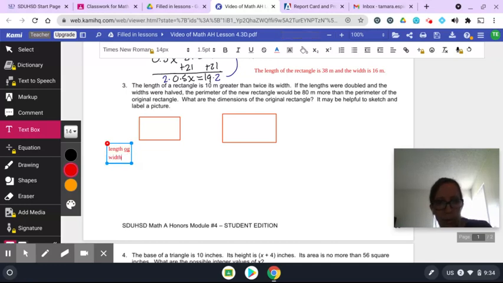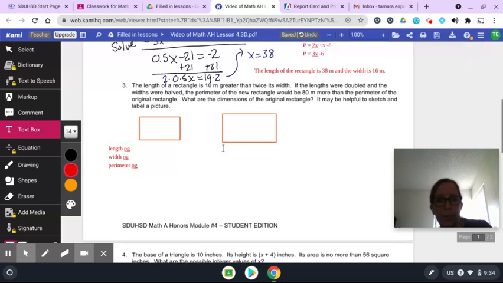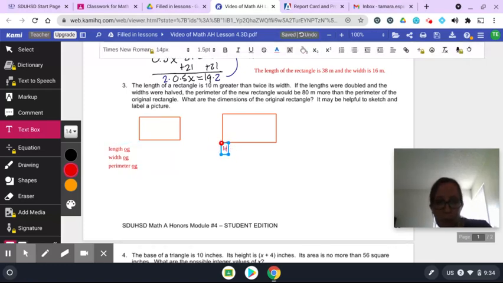Width, OG, original. Perimeter, OG. Then over here, we have a new rectangle. Length new. Width new. And perimeter new.